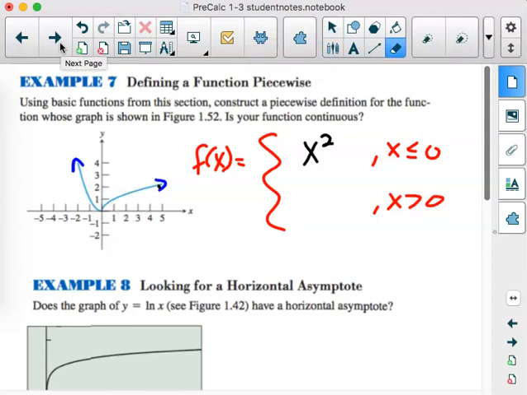Now, we recognize the right side. Savannah, did you find it? That one's the square root, right.